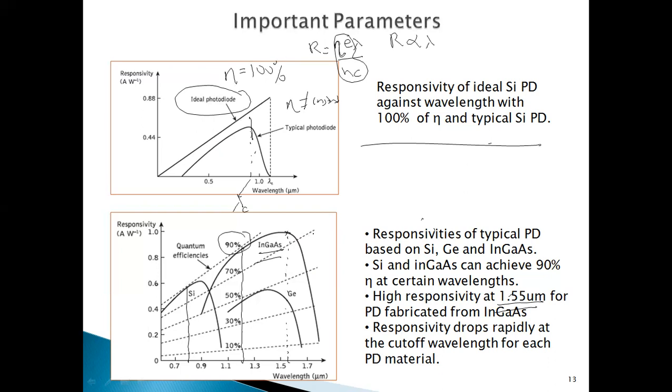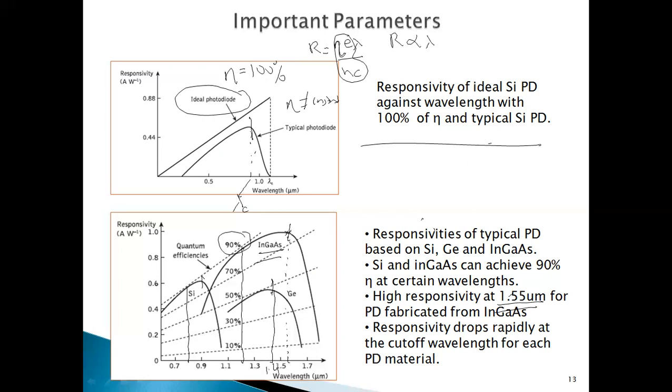Again, as I mentioned before, at a certain wavelength the responsivity will drop rapidly, and this happens at the wavelength value known as the long wavelength cutoff for each photodiode material. For example, for germanium, it happens around 1.4 micrometer.